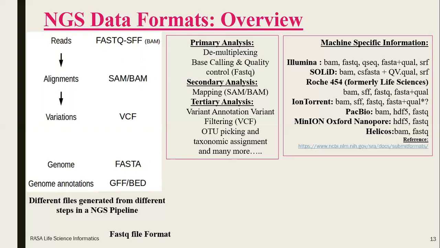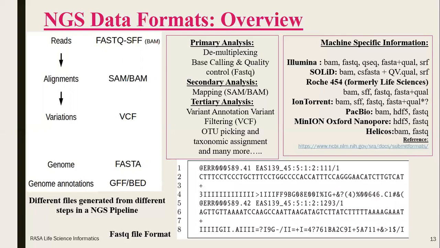Now let me show you an example. The FastQ format was developed to provide a convenient way of storing the sequence and the quality score in the same file. Illumina sequencing always gives you a FastQ file. These files are almost identical to the Sanger FastQ files, but the encoding for the quality score is a little bit different. As you can see in the picture, in a FastQ file there are 4 lines for one read.